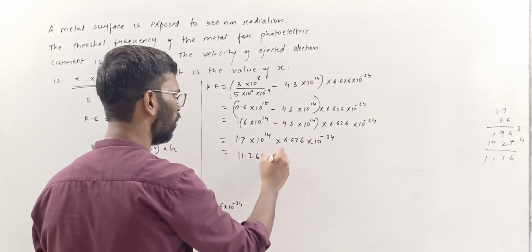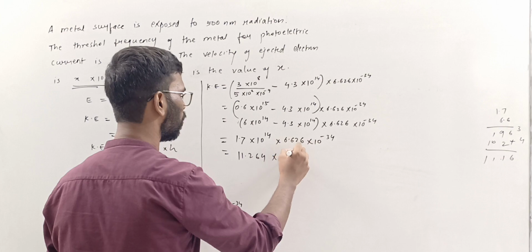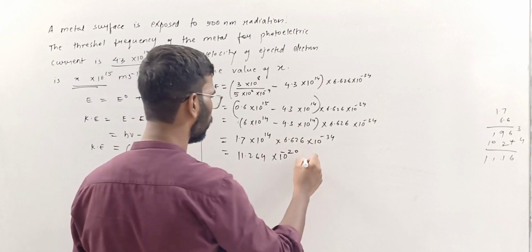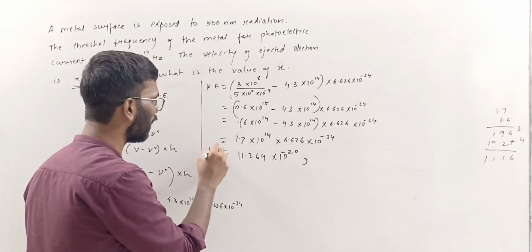We'll consider 11.264 into 10 raised to minus 20 joule. This will be the value of the kinetic energy.